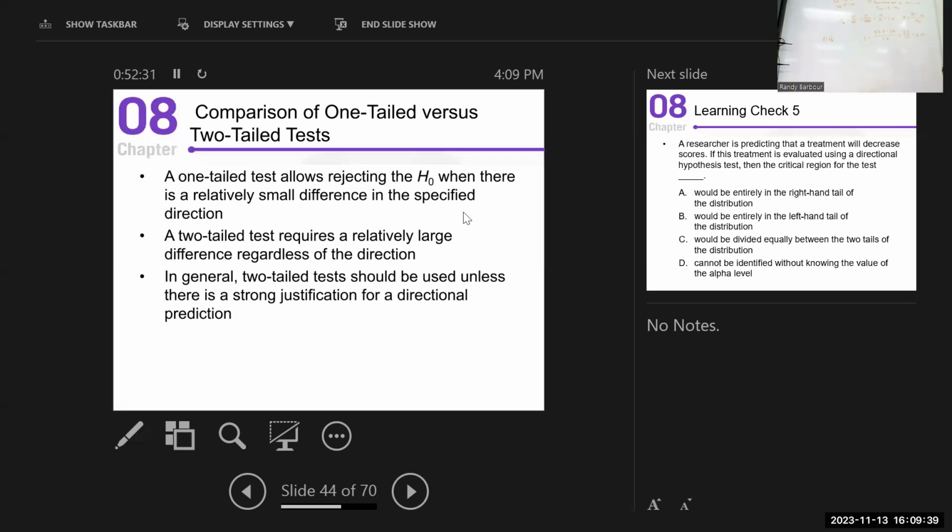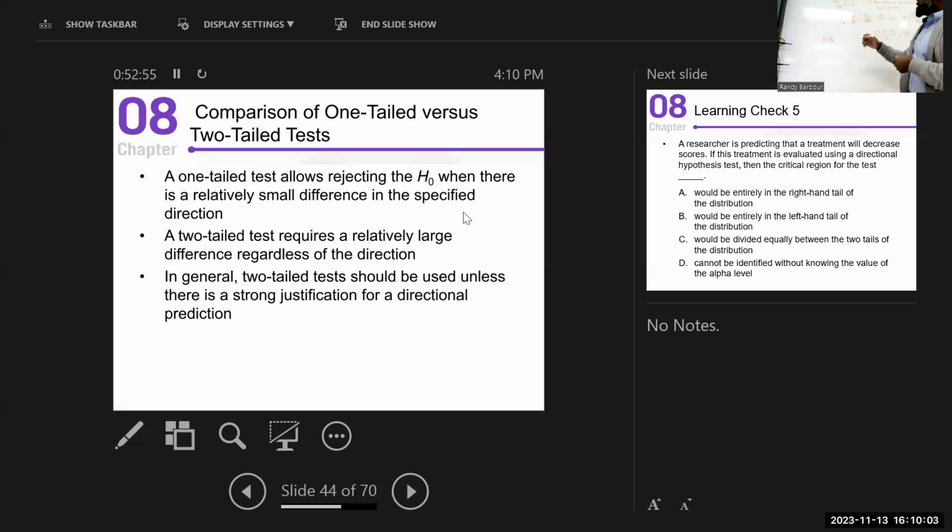It says, does this sample provide enough evidence to conclude that self-esteem scores for these adolescents are significantly different from those of the general population? So I'm looking to see if there is a difference.